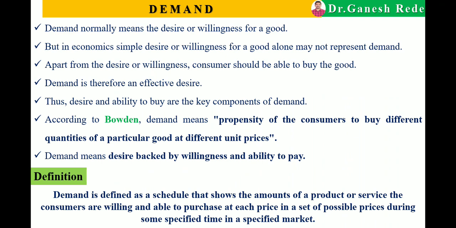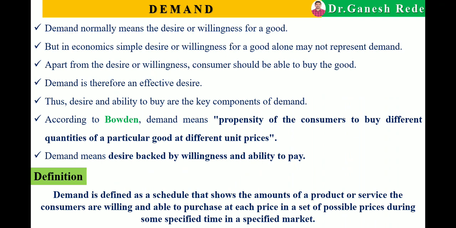But if you think in the language of economics, only desire and willingness is not a demand. That particular person must have the capability or ability to buy that good, meaning that person must have that much amount of money, then he can buy that good.